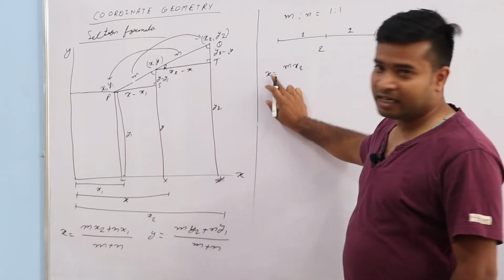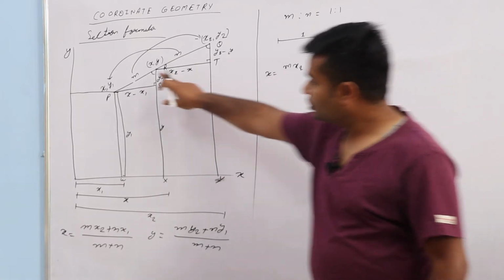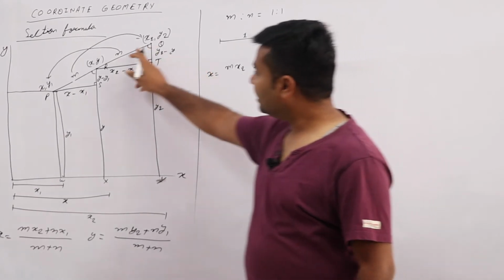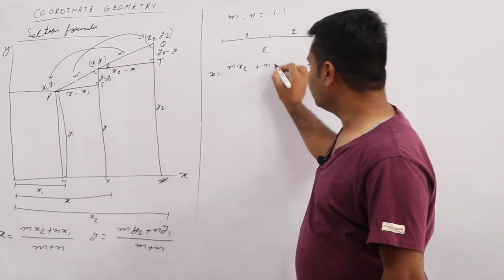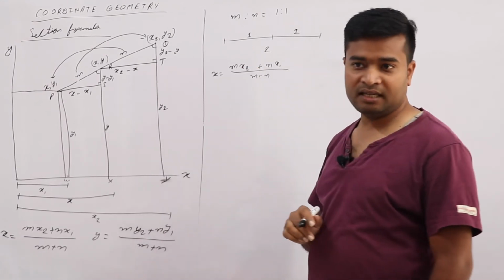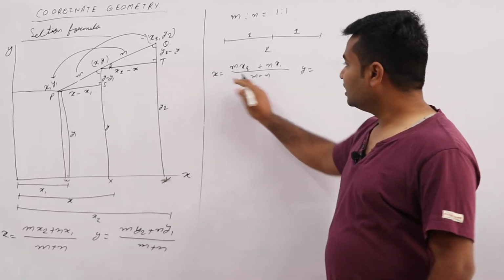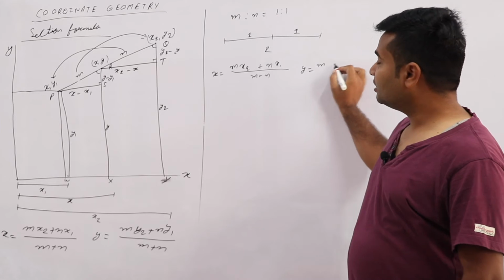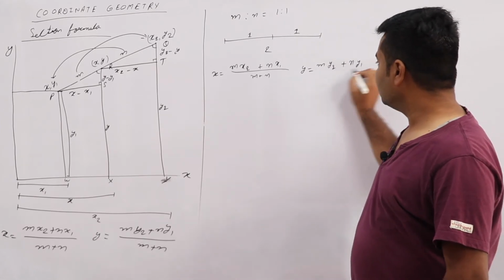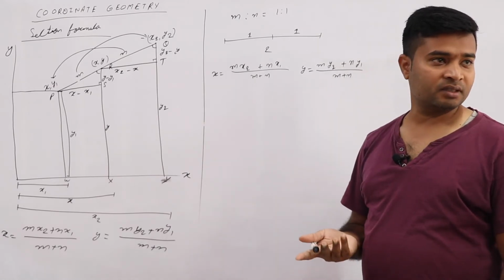We are writing for x or y? x. So we only take the x value. So m x2 plus n x1 by m plus n. Acha. Now again for y: m y2 plus n y1 by m plus n. Yes or no? True.